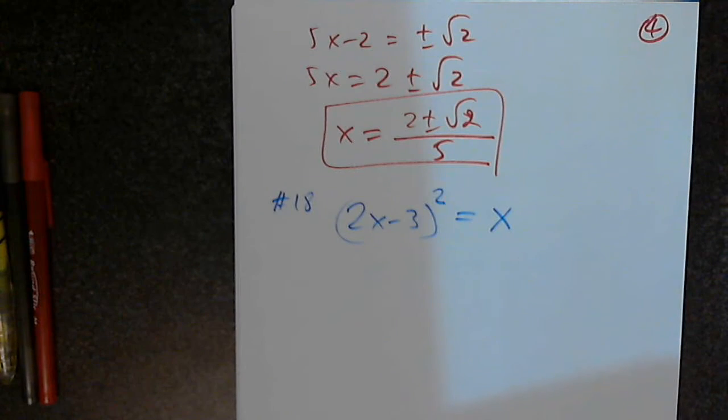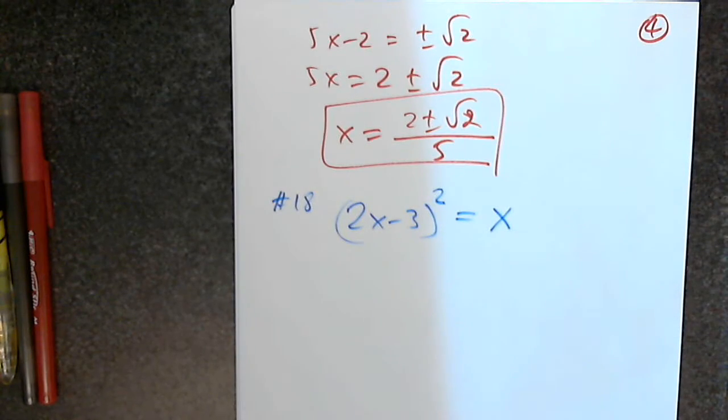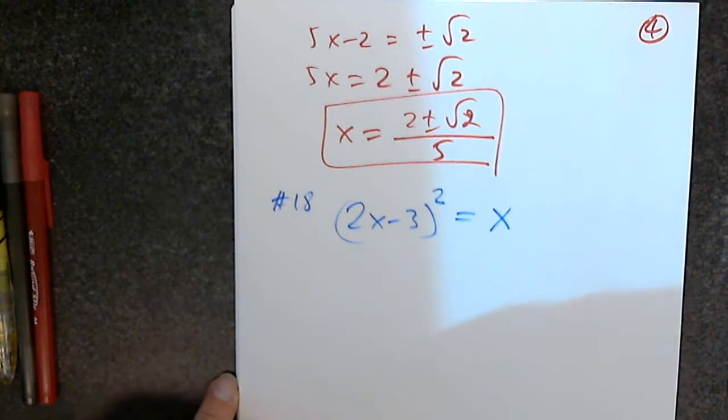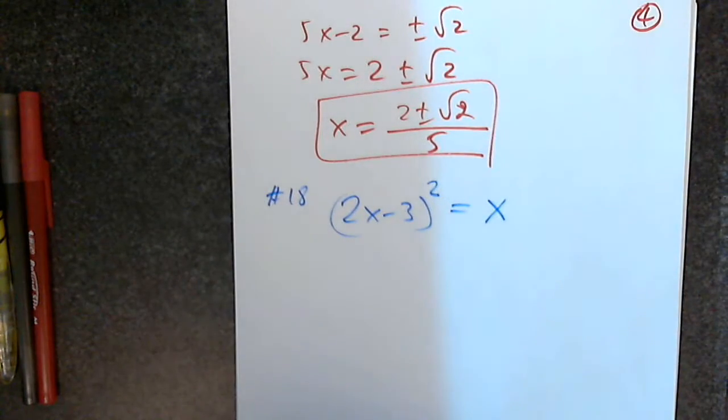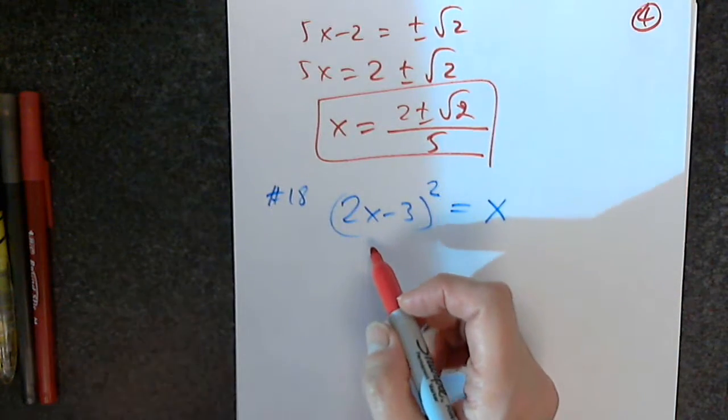Okay. Good. So can anyone tell us how to solve this problem? First step, please. Square root of both sides. I cannot, because one side is x. So I get x plus factor out into x minus 3.